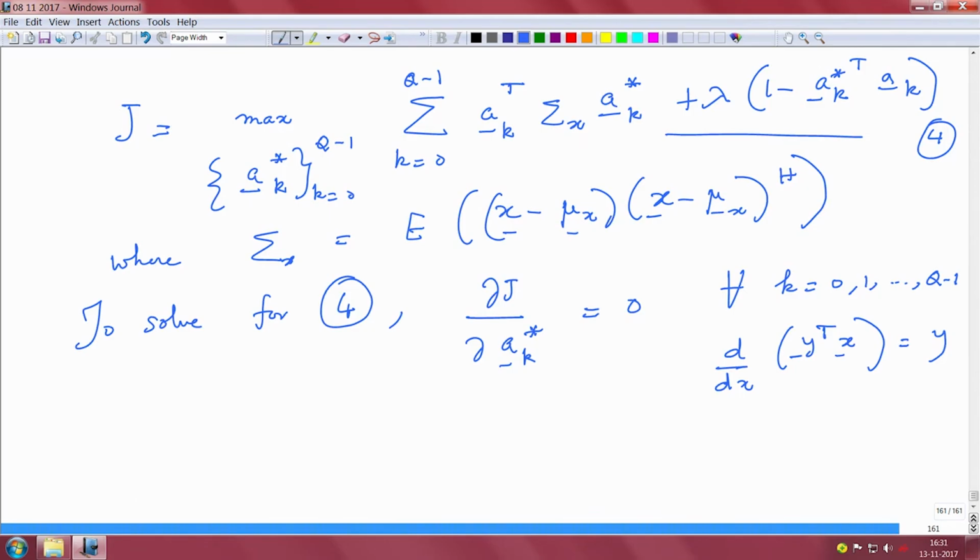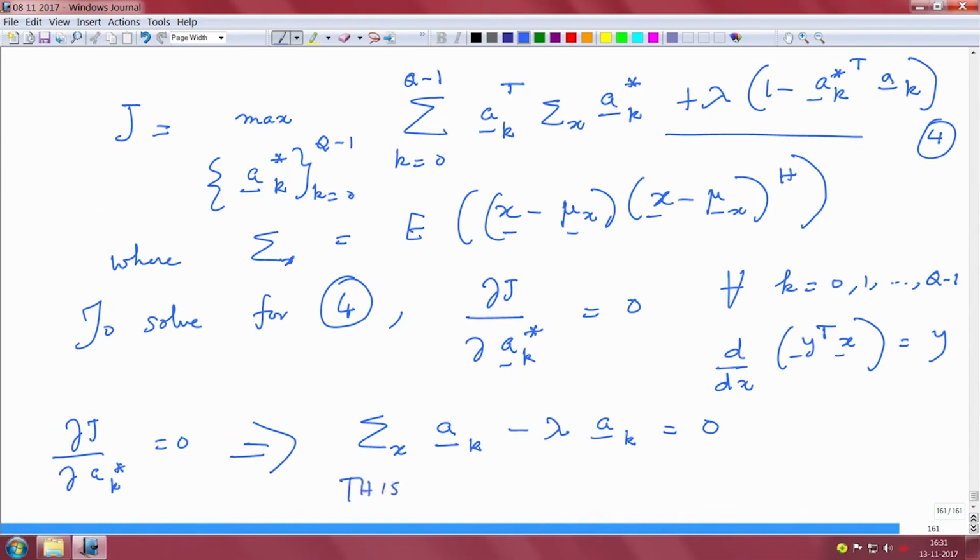Now using this property, dJ by dA_k conjugate equals 0 implies sigma x A_k minus lambda A_k equals 0. And this is our eigenvalue equation.